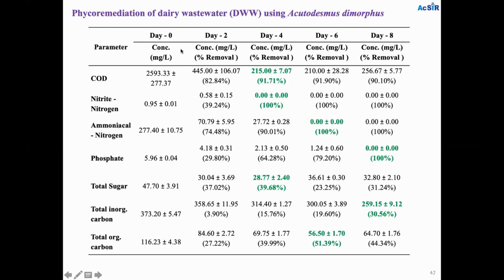When we grew this Ecotodesmus dimorphos, we observed that within 4 to 6 days, it can consume most of the nutrients from the water, and it can reduce the level of COD by up to 90 times. And the ammoniacal nitrogen was also reduced from 277 to almost zero at 6 days after the starting of the experiment.